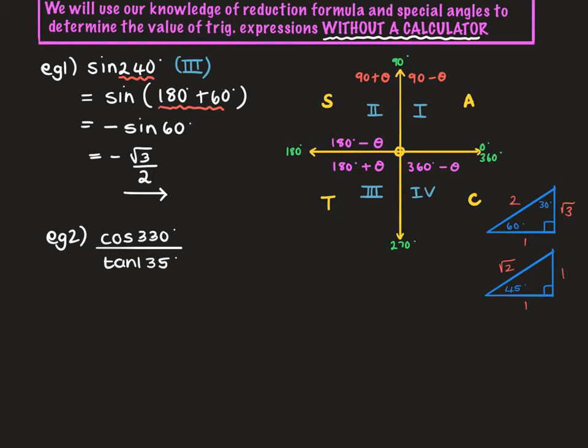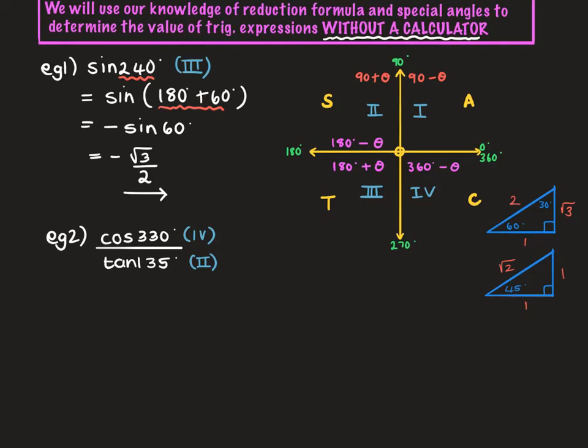Okay, so let me work through my steps. 330 degrees, where are you at? 330 degrees is in quadrant 4. 135 degrees is in quadrant 2, between 90 and 180. Awesome. So I've identified my quadrants: quadrant 4 and quadrant 2.